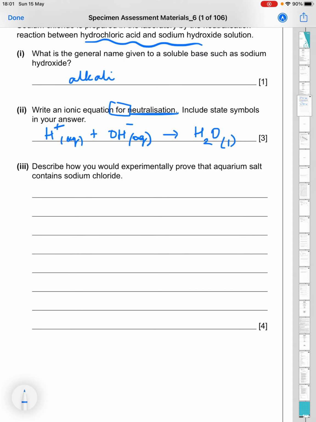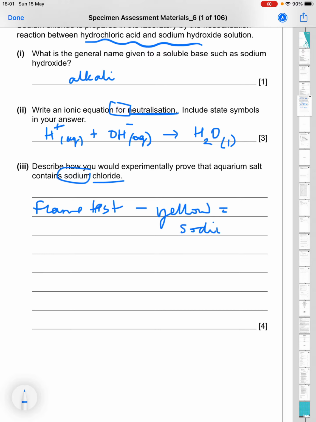Describe how you would experimentally prove that aquarium salt contains sodium chloride. You're looking for 2 tests here, 1 for the sodium and 1 for the chloride ion. You would use a flame test for the sodium, and the result would be yellow.